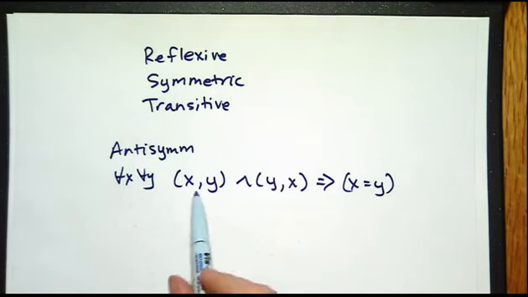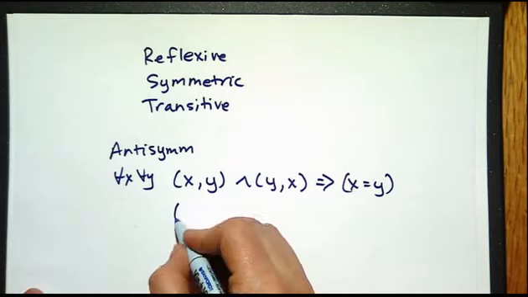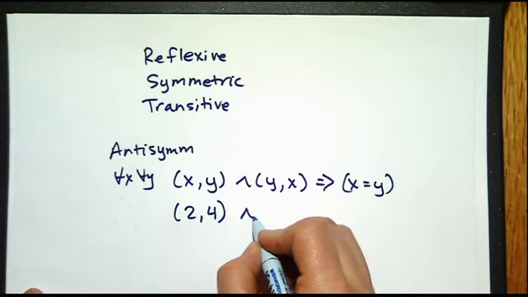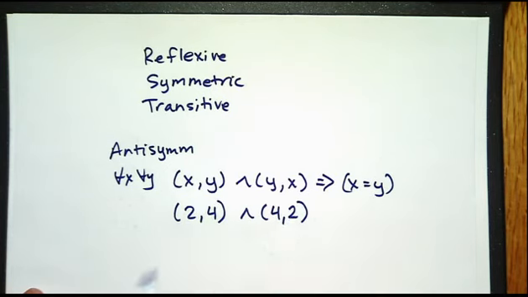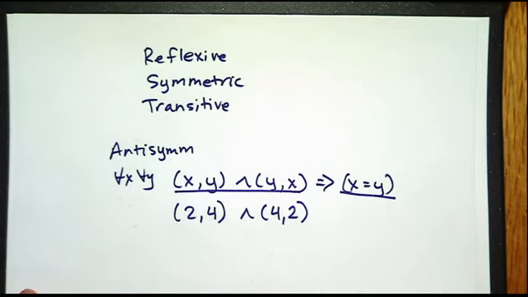So if something's not antisymmetric, can I add something to make it antisymmetric? I can't, because if it's not antisymmetric, then I have something like this. Because the only way for this to be false is what? This has to be true, and that has to be false, right? For some values of x and y.